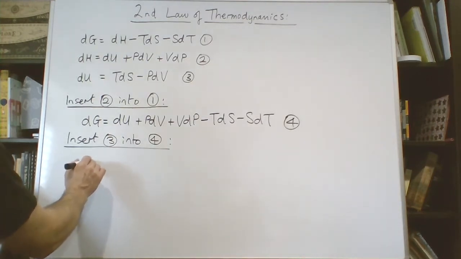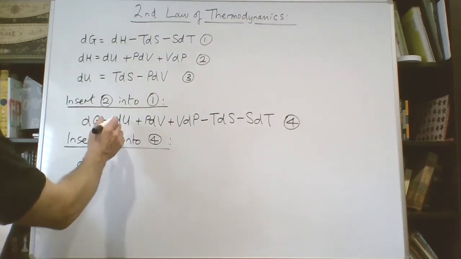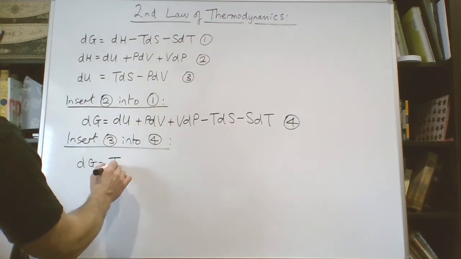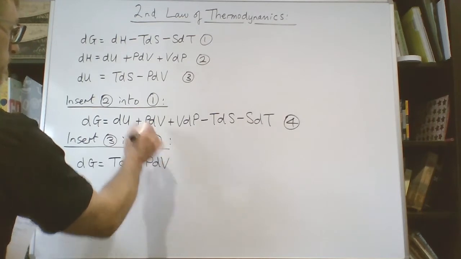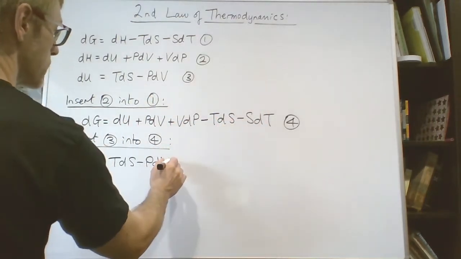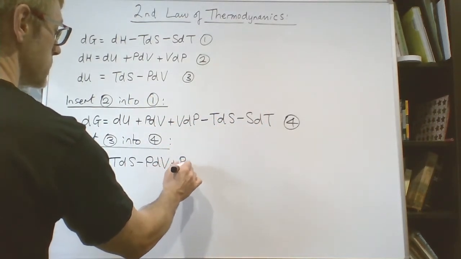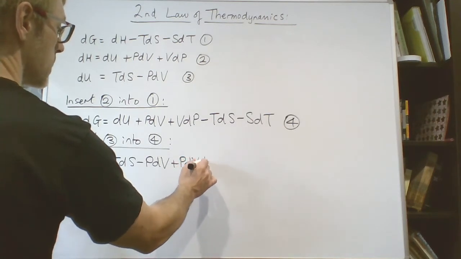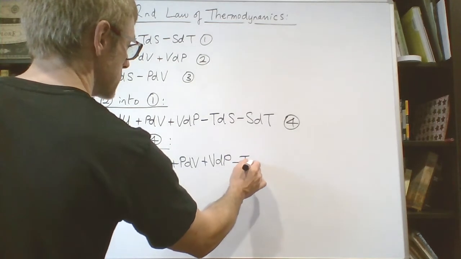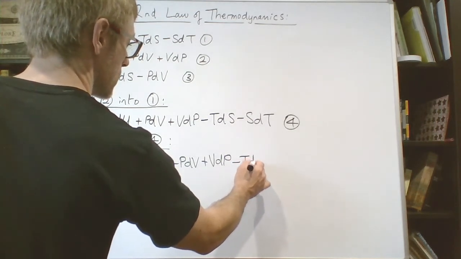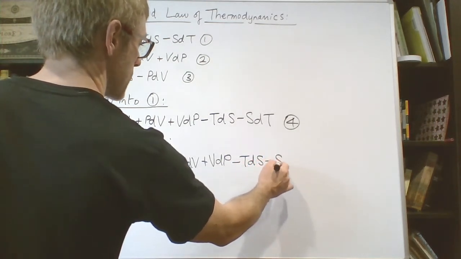So finally we're going to get dG is dU, where dU is this stuff, TdS minus PdV, and then all of this material plus PdV plus VdP minus TdS minus SdT.